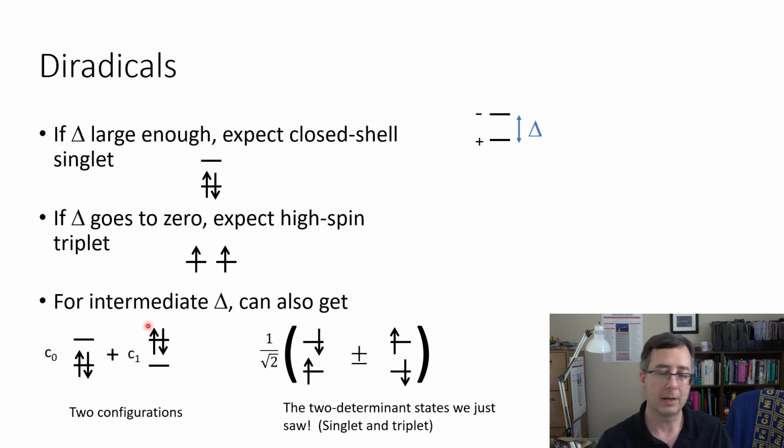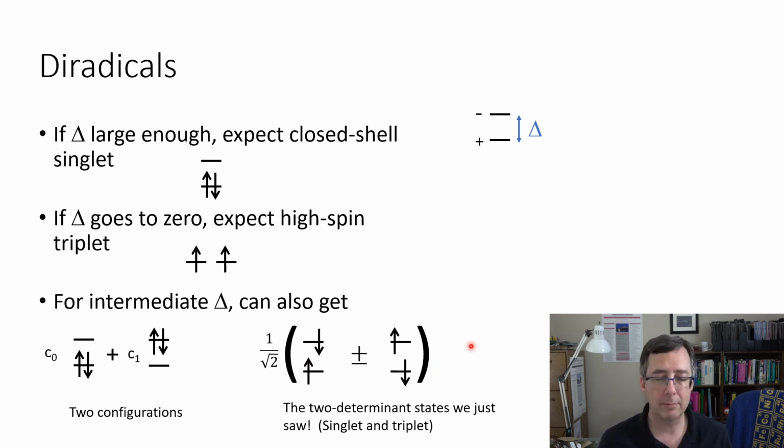And then by transforming the orbitals, I could get to this picture. So this would be a more general way to do it. But in the limit of non-interacting radical sites, this description would work perfectly well also.